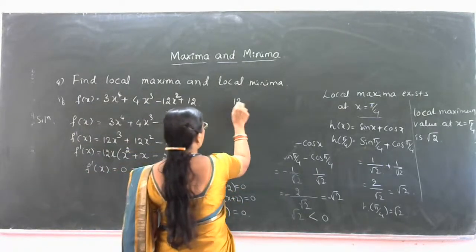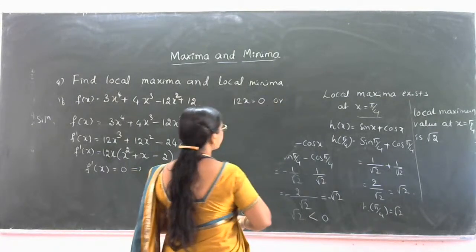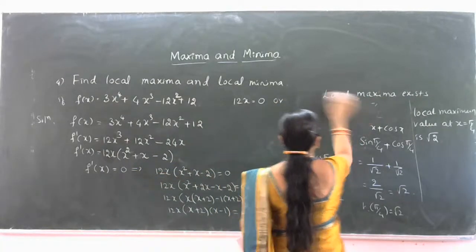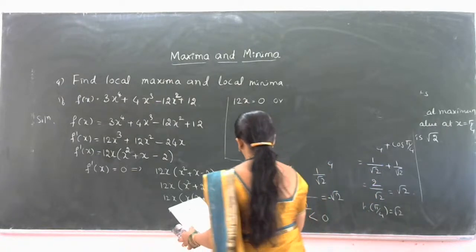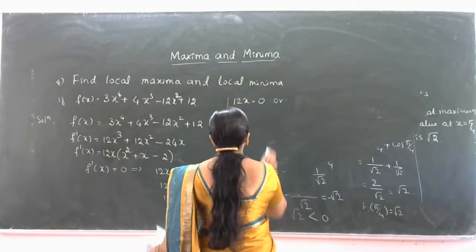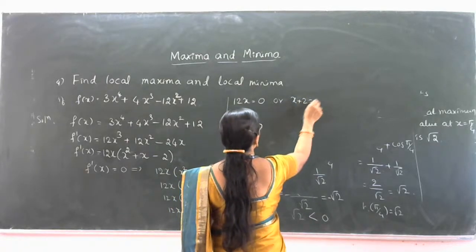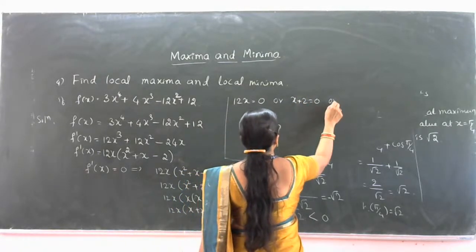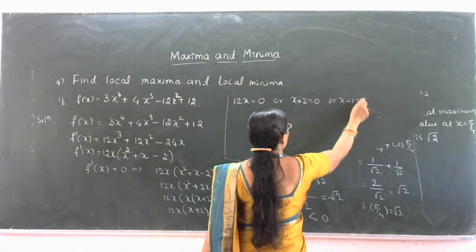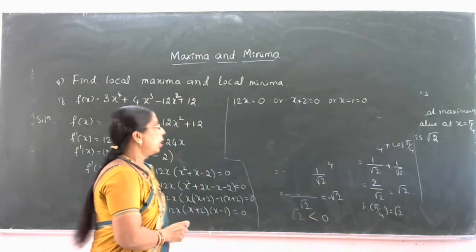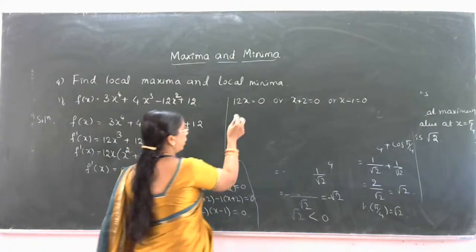We write 12x equal to 0, or x plus 2 equal to 0, or x minus 1 equal to 0. Here, three critical points are there.